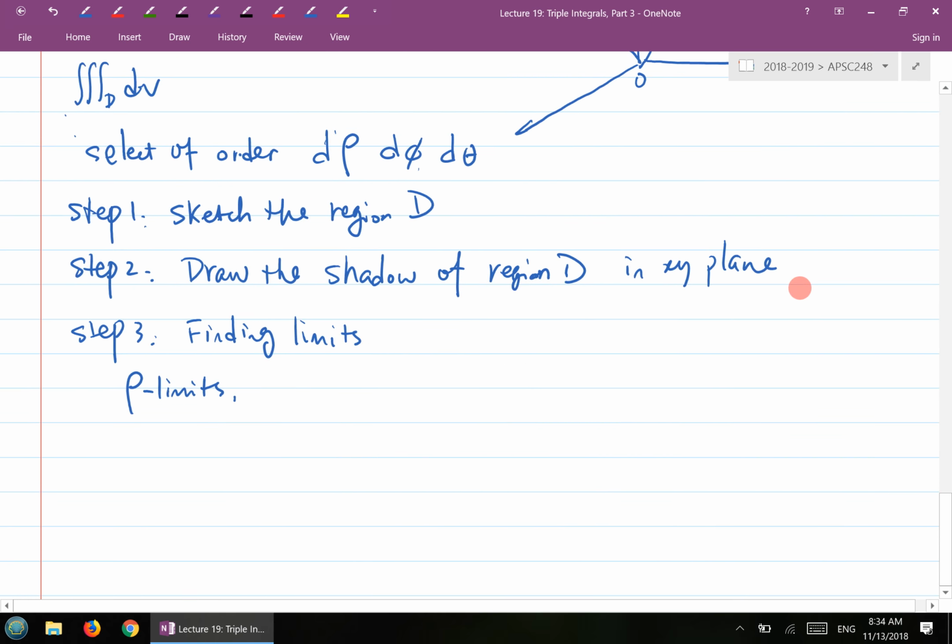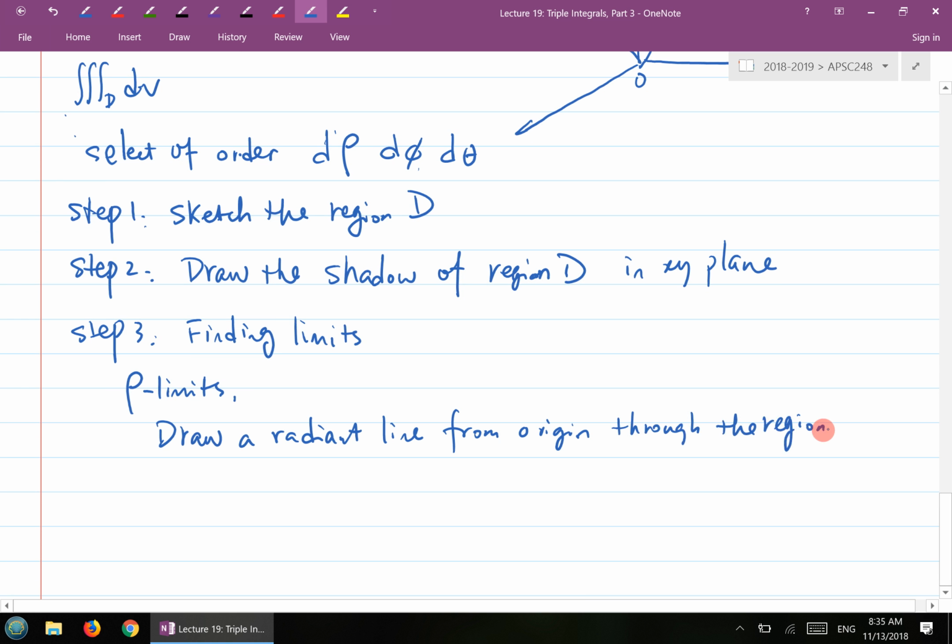What we do is draw a reading line from the origin through the region D. That's the scanning direction.